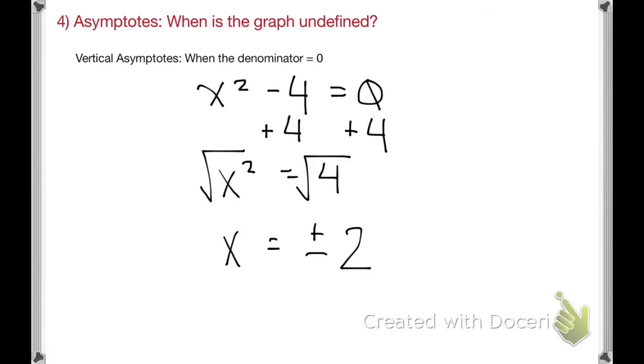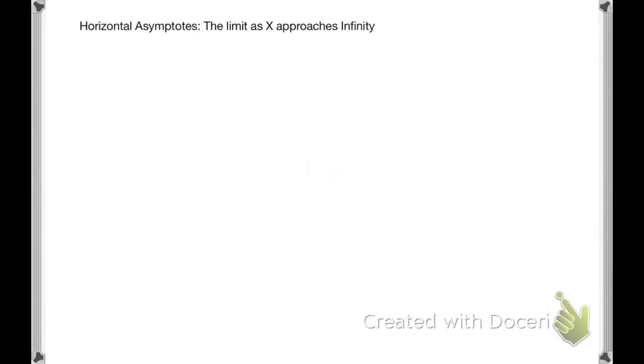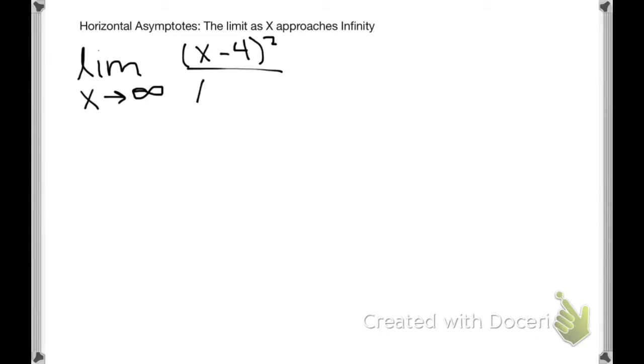Now we're going to move on to horizontal asymptotes, which we find when we take the limit of the function as x approaches infinity. We're going to write that as the limit as x approaches infinity of our function, which is (x minus 4) squared all over x squared minus 4.